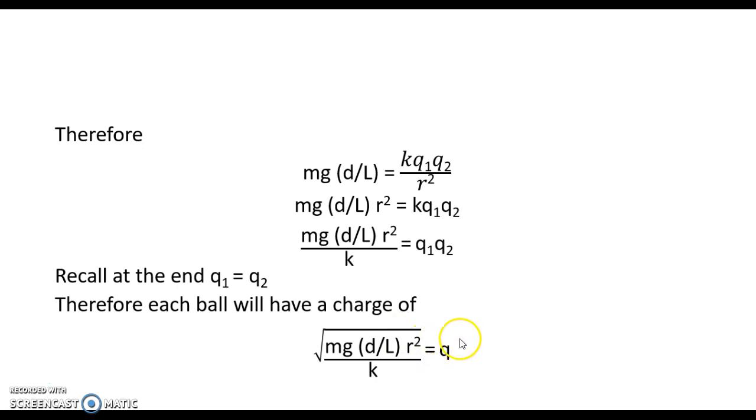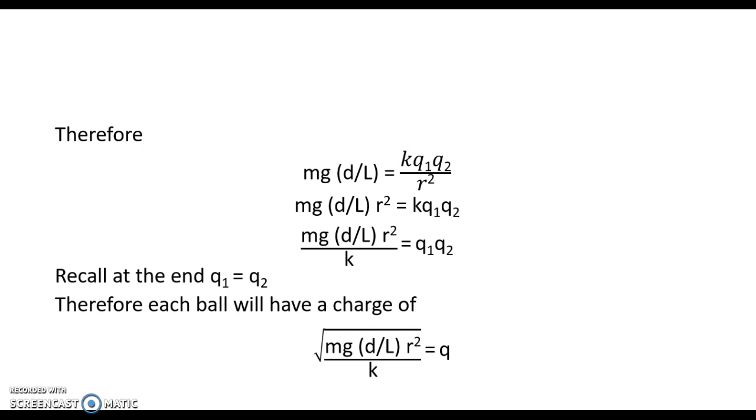So we can actually find the charge as long as we know the distance between the two balls at the end. If we know the length of the string, if we know how far the ball was deflected, if we know the mass times g, or in other words the weight of the ball, and we also know what Coulomb's law constant is.